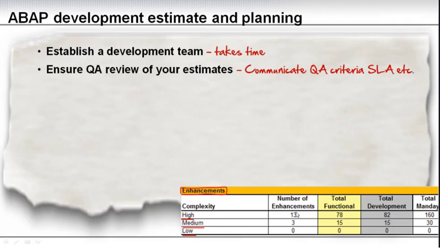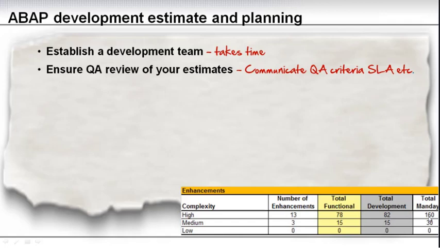You have a total of it, and of course there is detail for each and every one of these 13. You break it down in this sheet. You estimate each of them, you roll it up, both for the functional effort and the development effort, and you have a total of man days. And does that meet your constraint? If not, you might need to reduce the development scope, you might need to add more people. So this is the planning of it.